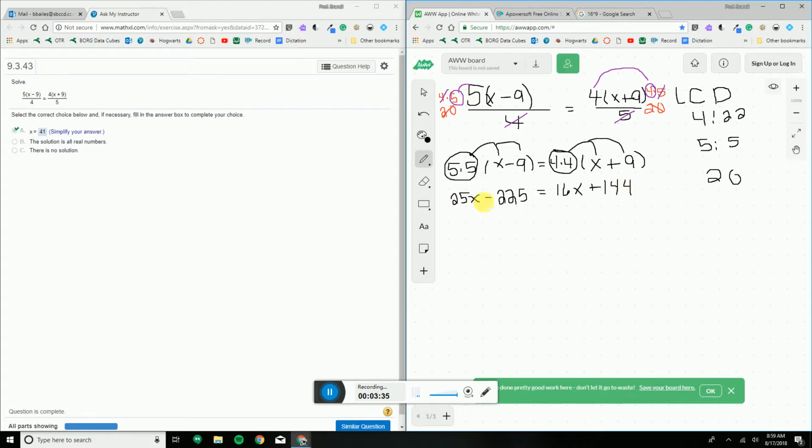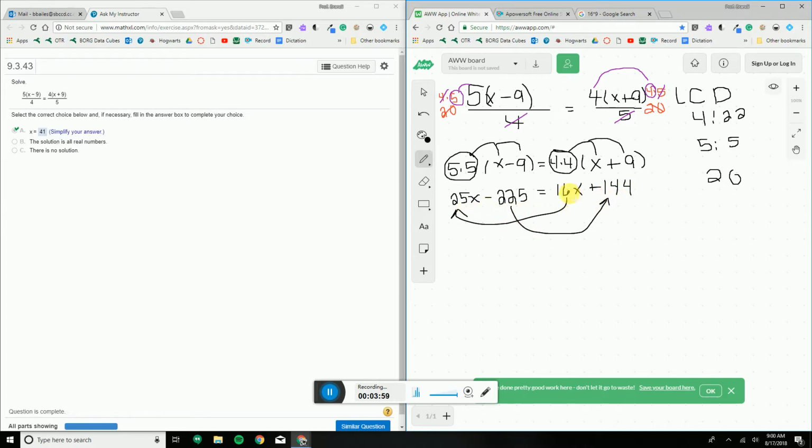And now I have what is a linear or a normal looking, if you will, equation where I just have some x's and some constants to work with. So I'm going to move the 16x this way, and I'm going to move the 225 this way. And doing it in that order will mean that I always have positives at the end. I can do it in a different order, but I'll end up with negative numbers to get rid of.